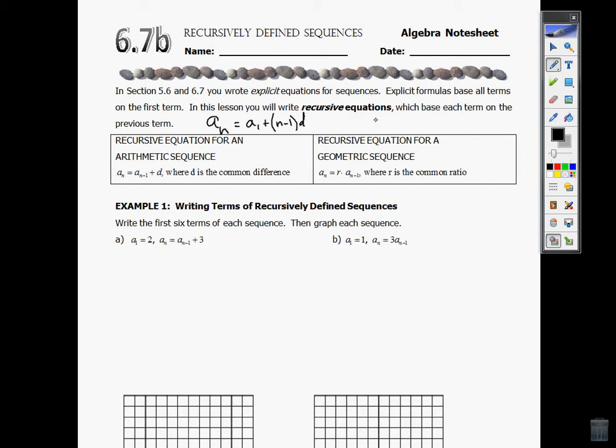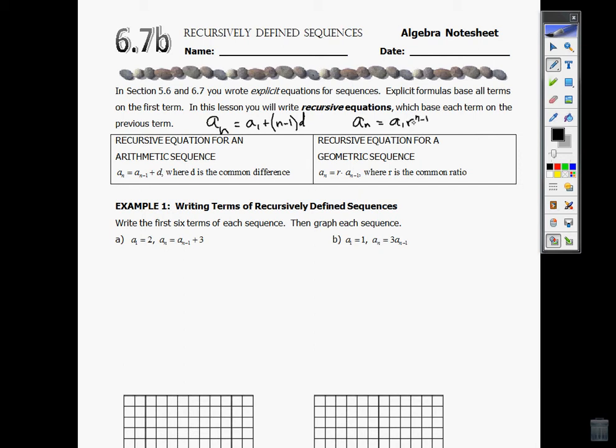And for a geometric sequence, we were looking at an explicit equation that looked like a sub n equals that first term, a sub 1, times a common rate raised to the n minus 1.